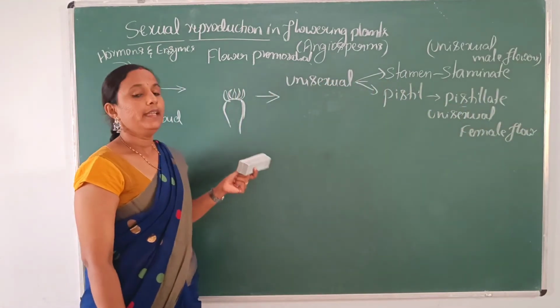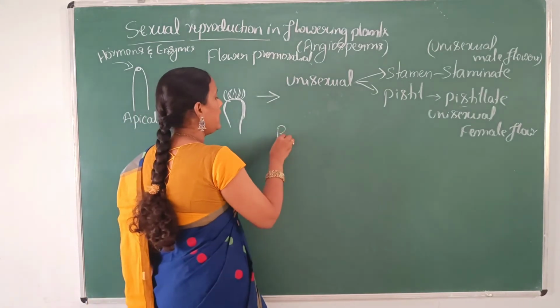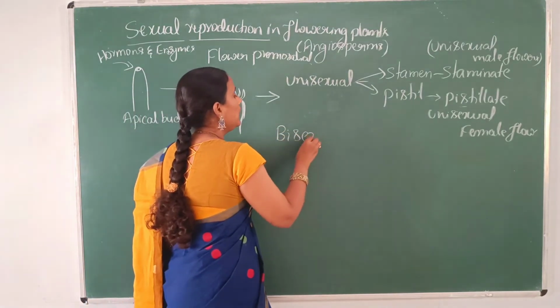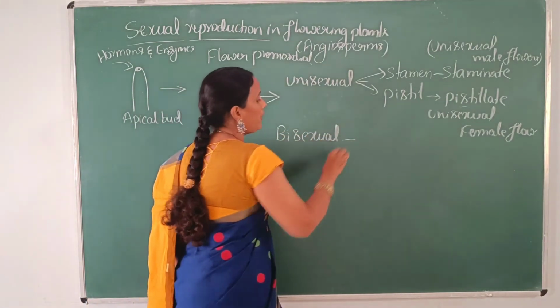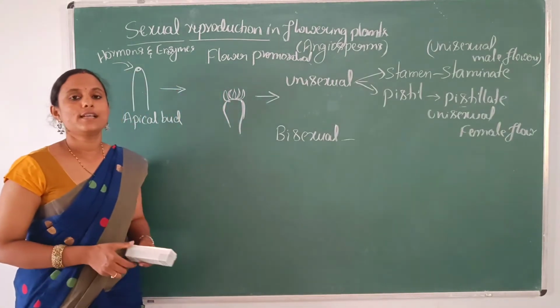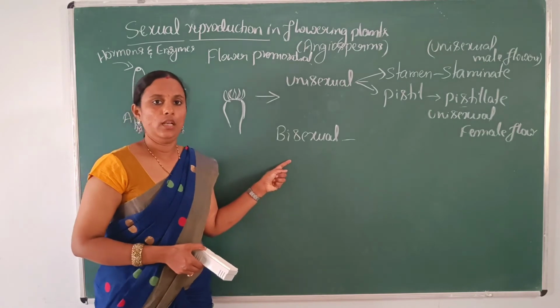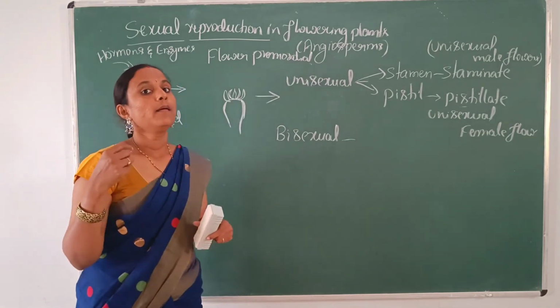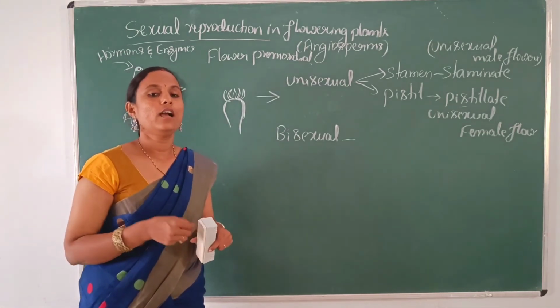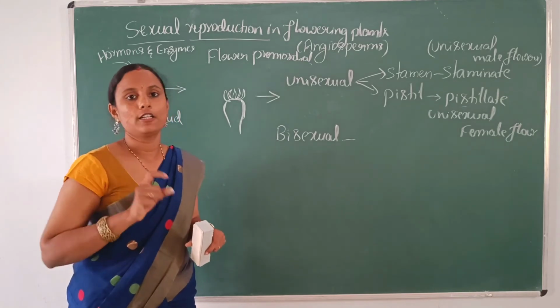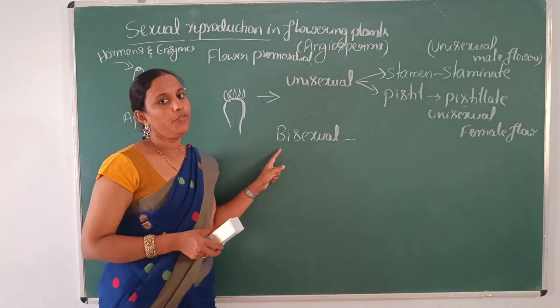And there is another condition where both male and female reproductive structures are present in the same flower. The condition is called bisexual, where the stamen and pistil are present in the same flower. They are called bisexual flowers.